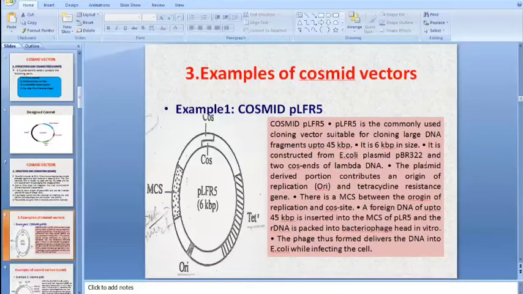This plasmid derived portion contributes an origin of replication and a tetracycline resistance gene. A foreign DNA of up to 45 kilobase pairs can be inserted into the MCS, multiple cloning sites, of this particular cosmid vector.